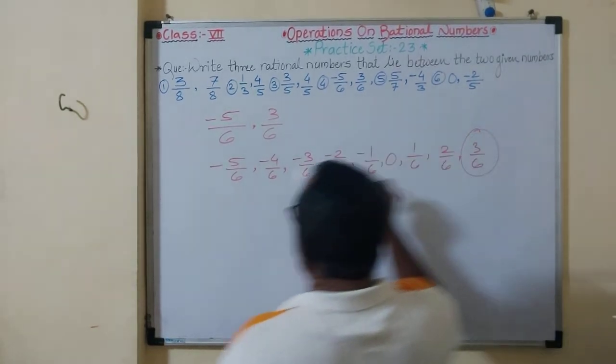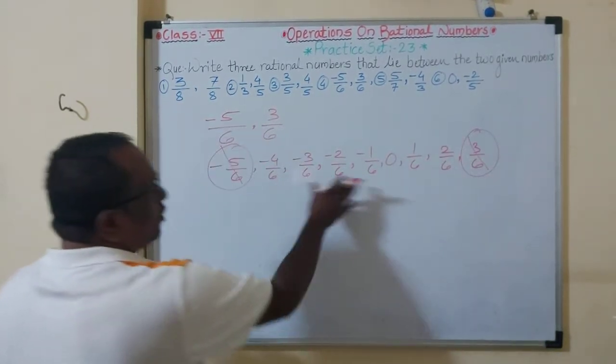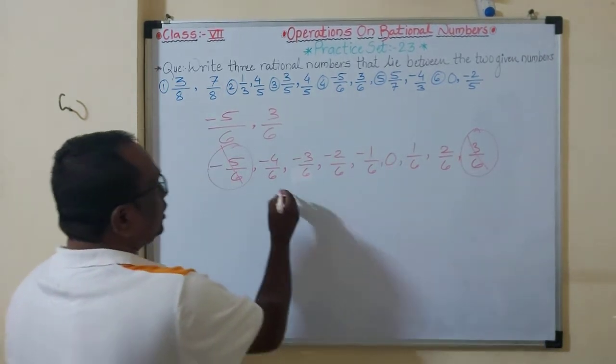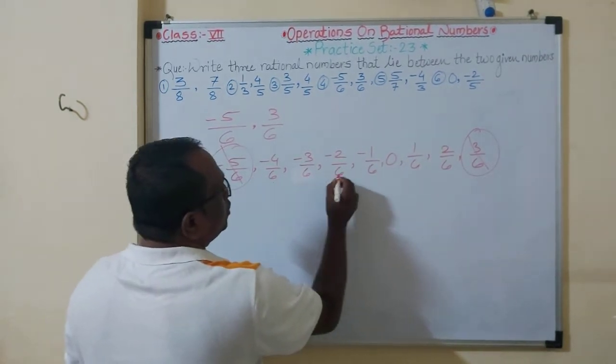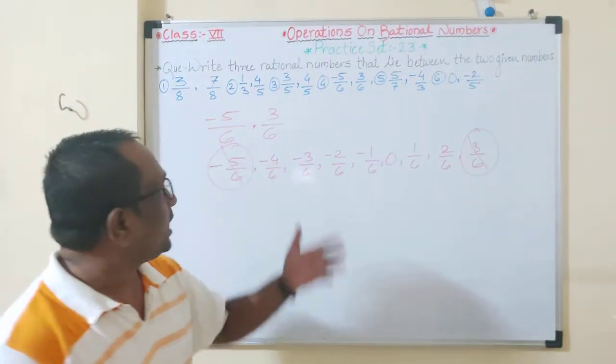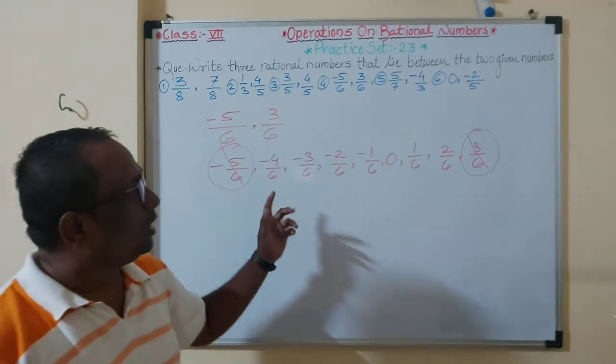So we remove the end ones because we want numbers in between, that's why we do not consider minus 5 upon 6 and 3 upon 6. So here students, we got 1 2 3 4 5 6 7. So 7 rational numbers we got that lie between minus 5 upon 6 and 3 upon 6.